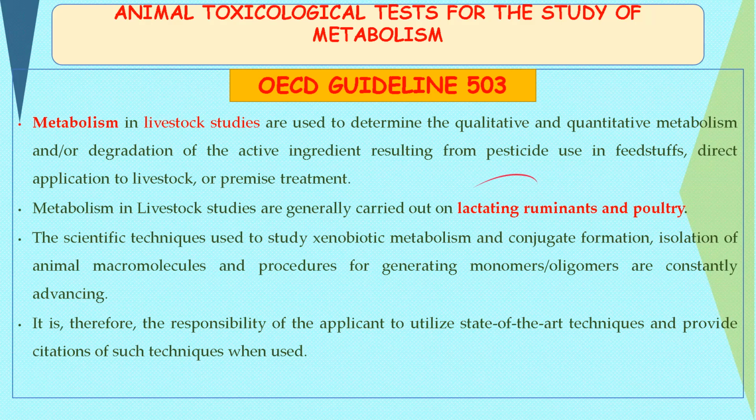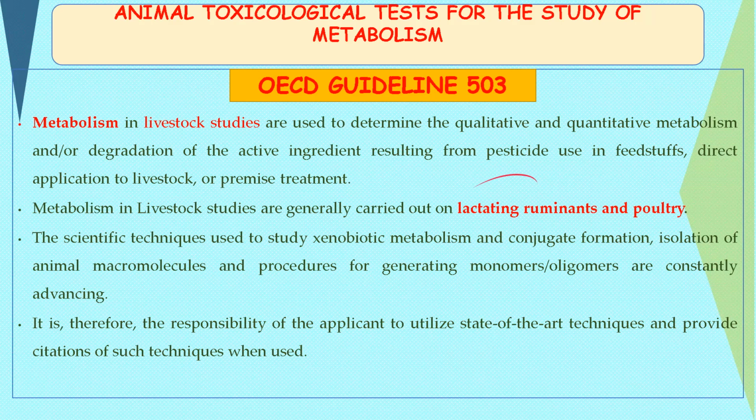The scientific techniques used to study xenobiotic metabolism, conjugate formation, isolation of animal macromolecules, and procedures for generating these monomers are all advancing, because when this guideline was introduced in 2007, the techniques were totally different, and now they are advanced.